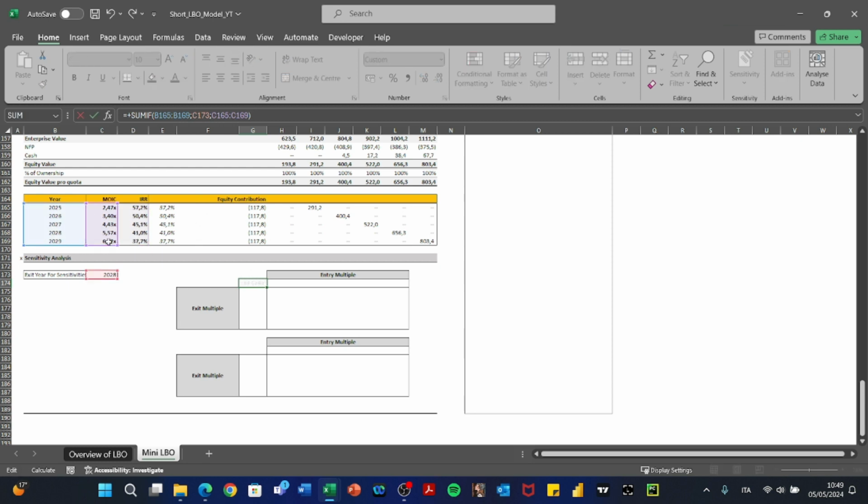Okay, let's do that. Perfect. And this is for our IRR. Rotate here. 51 is correct.